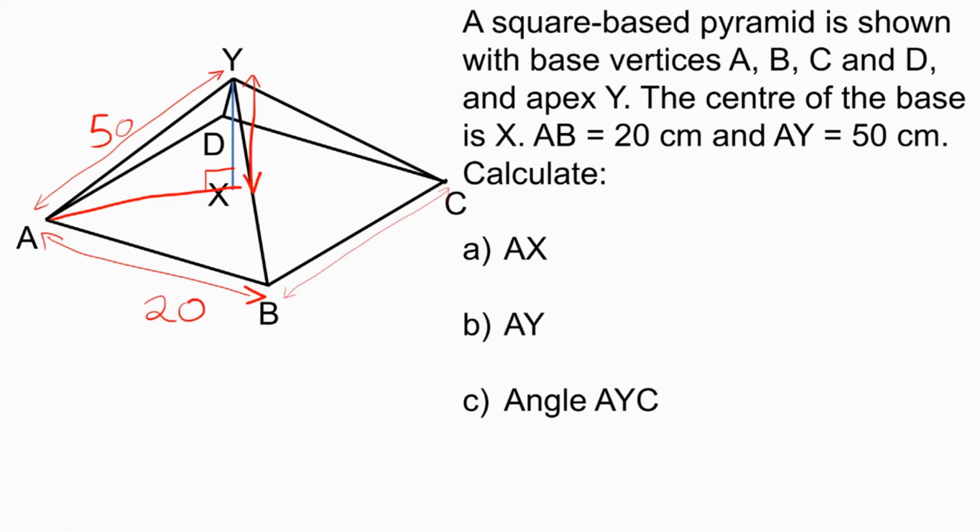And we also know that the base is a square, so we also know BC is 20. So we could consider the triangle ABC. And consider, if you worked out AC, how would that help you get AX, given that X is the center of the square on the base?